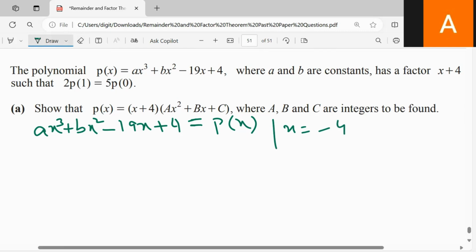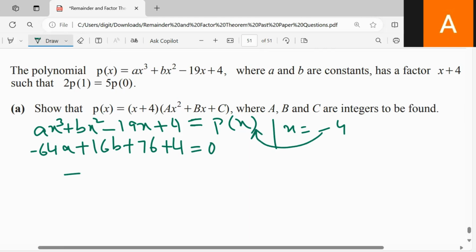When you substitute x as minus 4, your answer is minus 64a plus 16b plus 76 plus 4 is 0. Now you can simplify: minus 64a plus 16b plus 80 is 0.